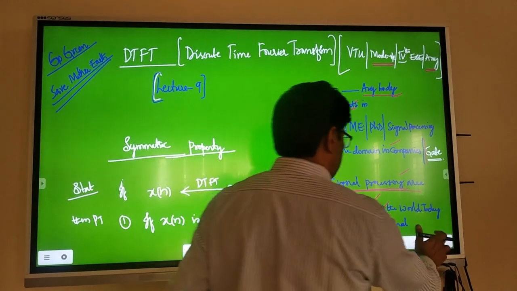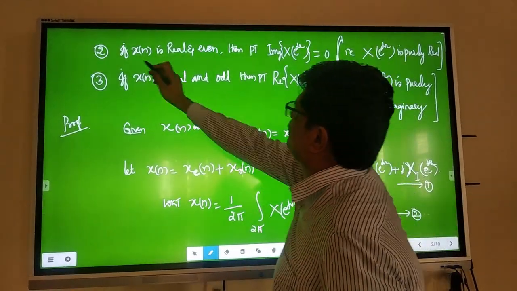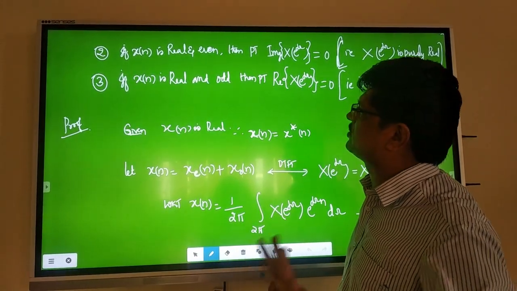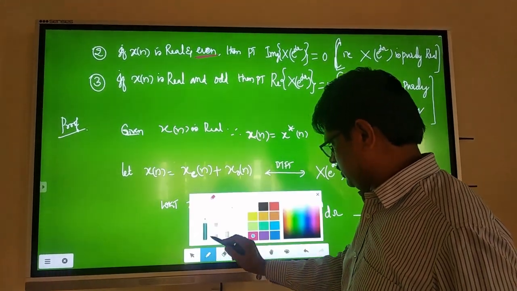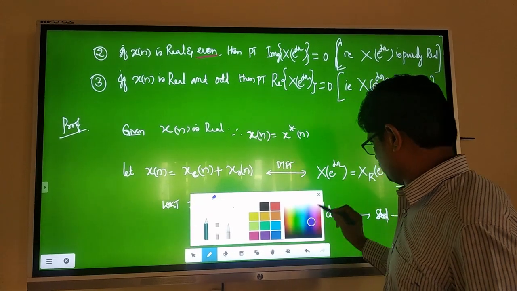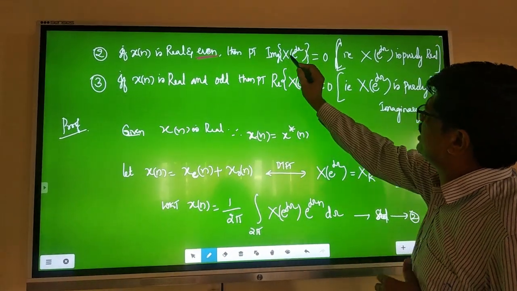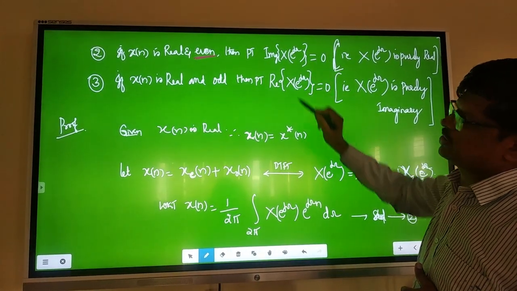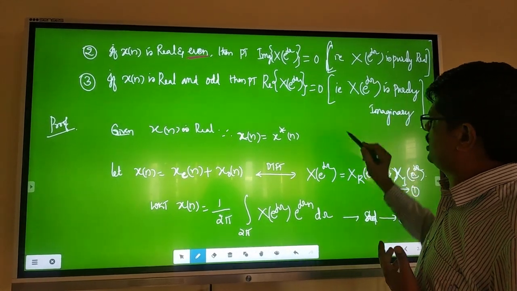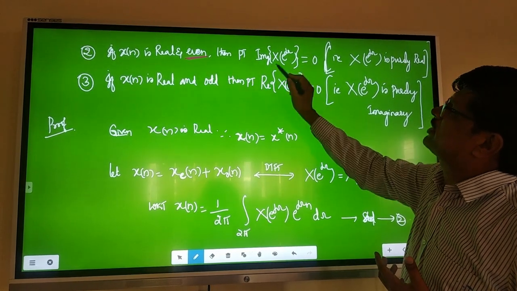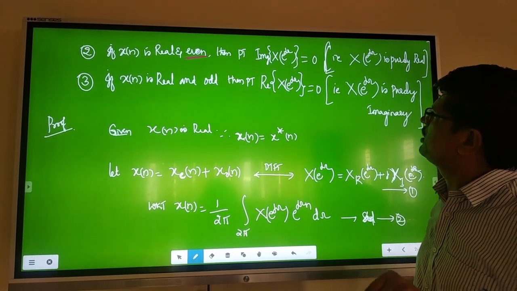Second one: if your input x of n is real and even, then prove that the imaginary part of X of e power j omega in the frequency domain is 0.